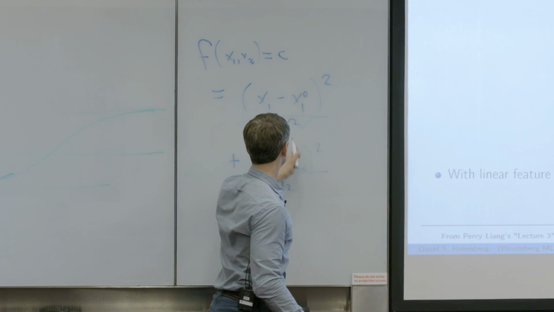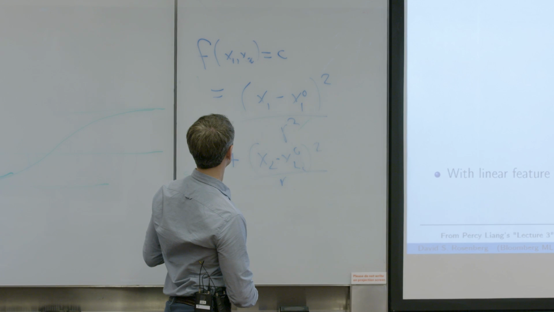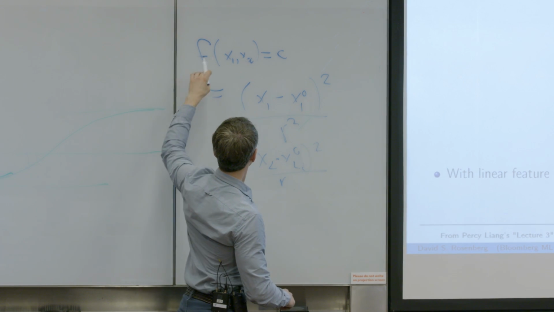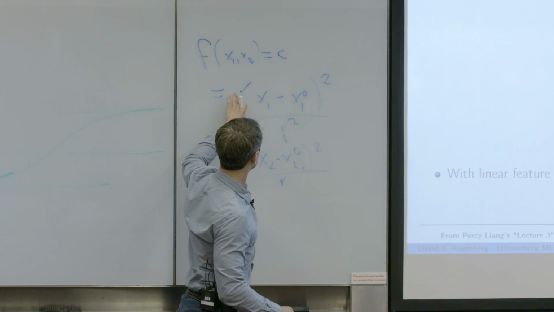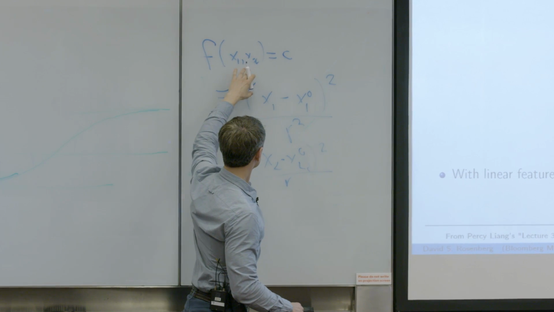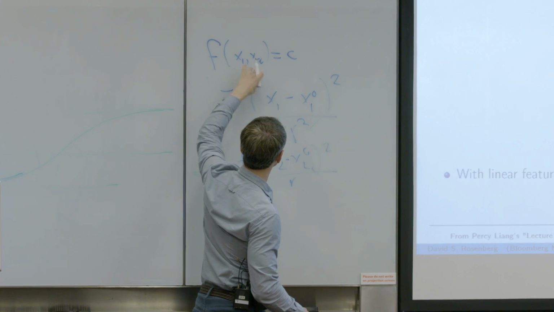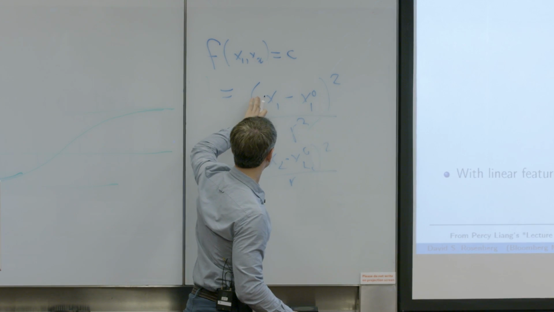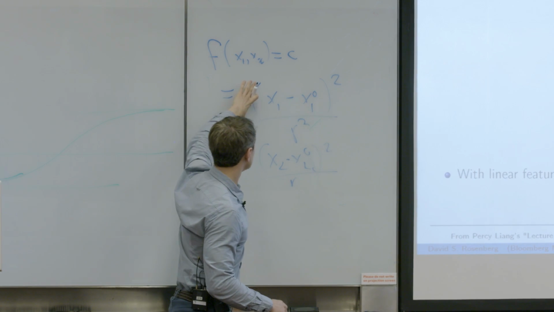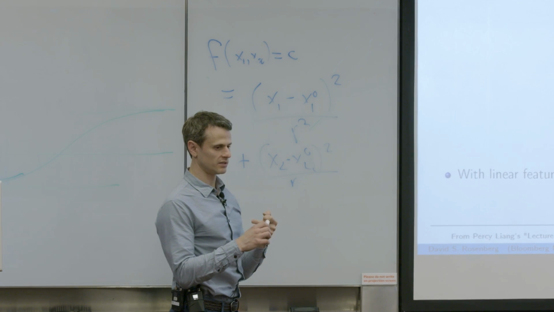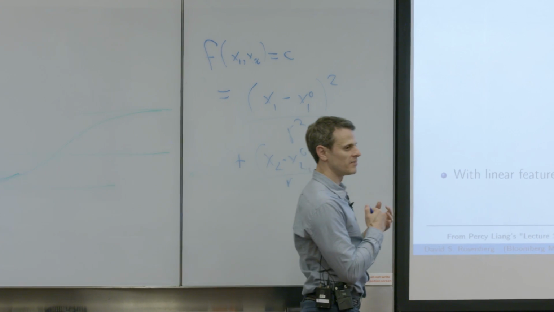Like the same, that's a circle. Great. This is the equation for a circle. And if f of x1, x2 were equal to this function, then the level sets would indeed be circles. Okay, that's good. And so we could multiply this out and see what features we need, what nonlinear functions of x1 and x2 show up in that linear combination.